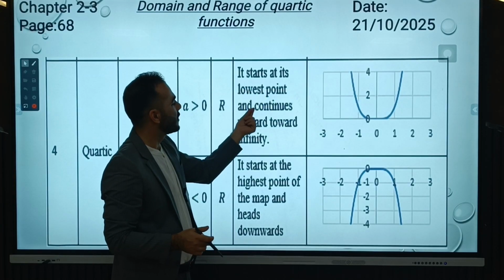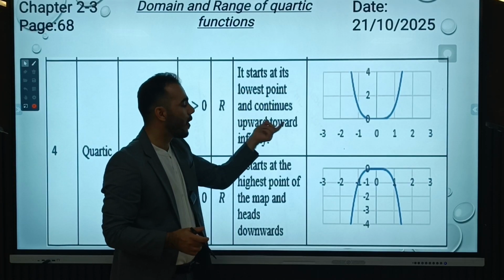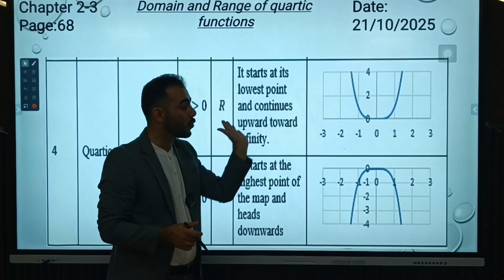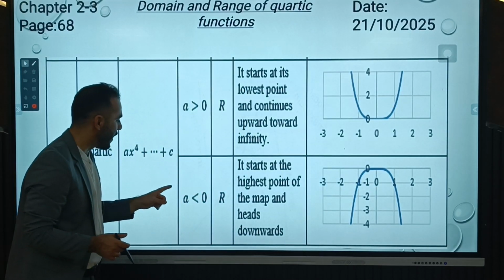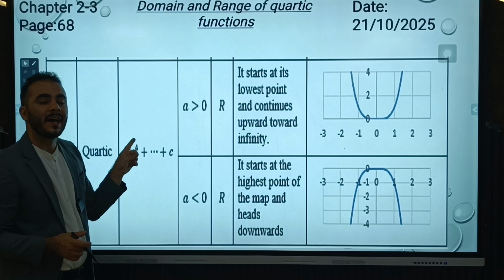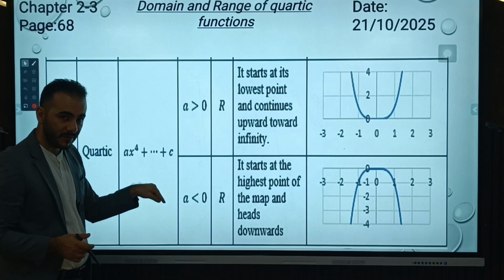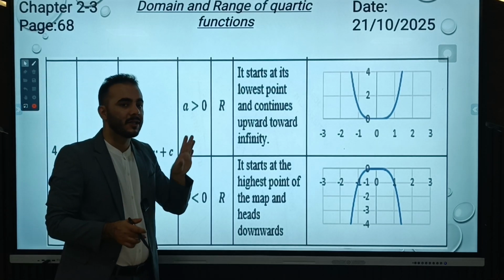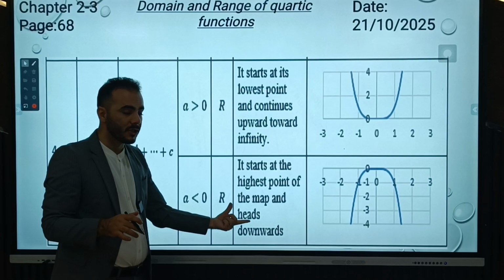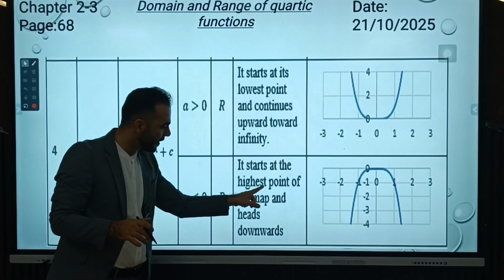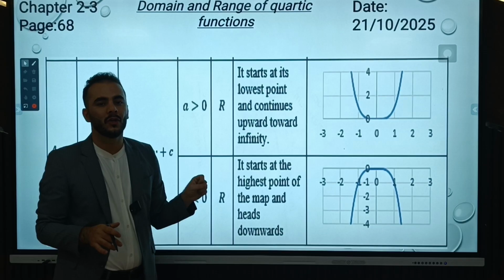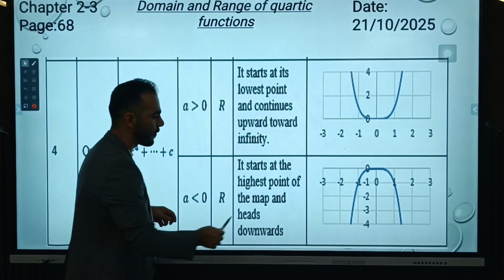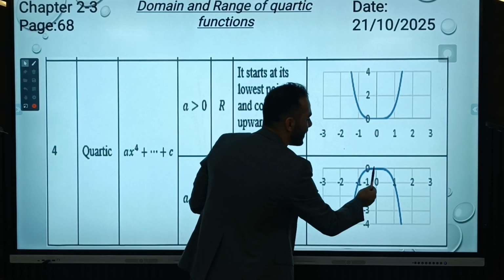And when the coefficient of x to the fourth is negative, the domain is still R, all the real numbers, but the range would be from negative infinity up to the greatest value of the graph. Perfect.